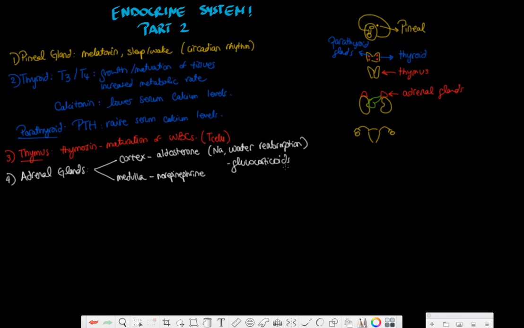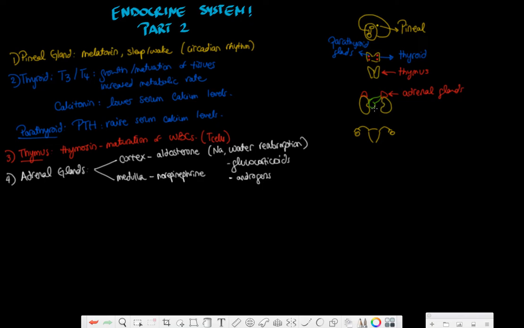These glucocorticoids are important in metabolic functions. They also have some anti-inflammatory effects, and also some growth suppressing effects. And another hormone that the adrenal cortex is going to release is androgens.